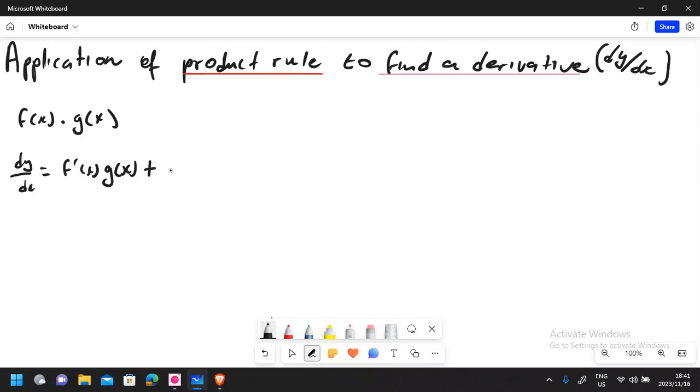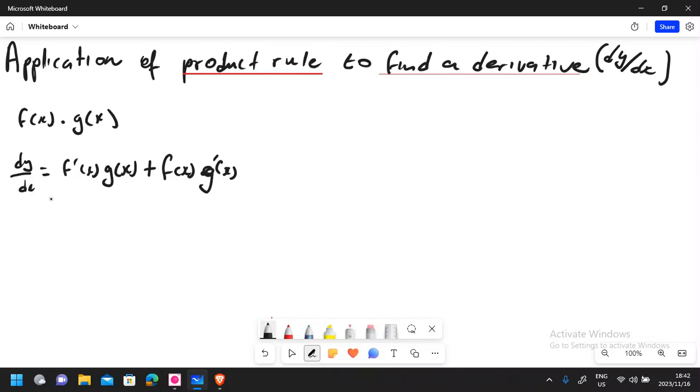Then you add. Then the other term, on the other term, the one that you derive on the first term, you do not derive it, but the one that you derive on the second term is the one that you're gonna derive this time, which is g of x prime. I hope you guys can see what we're talking about here.